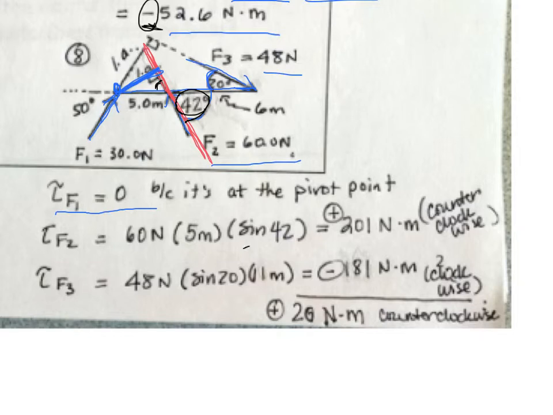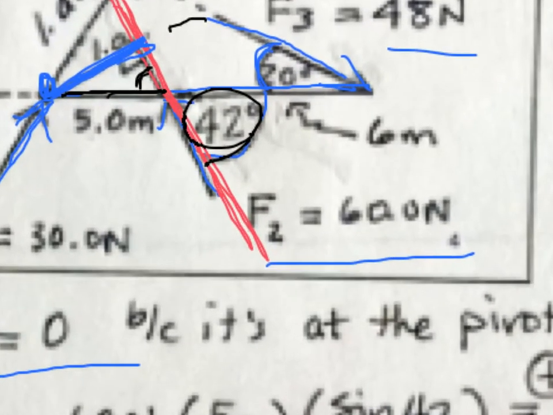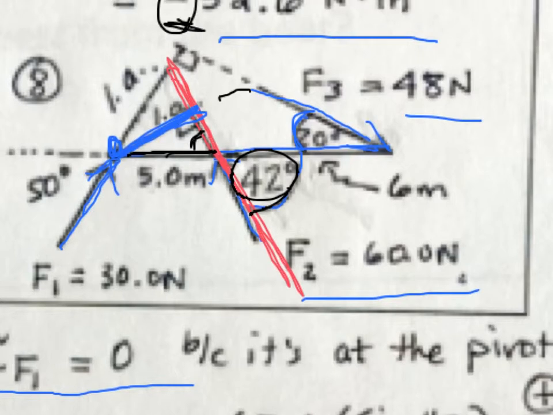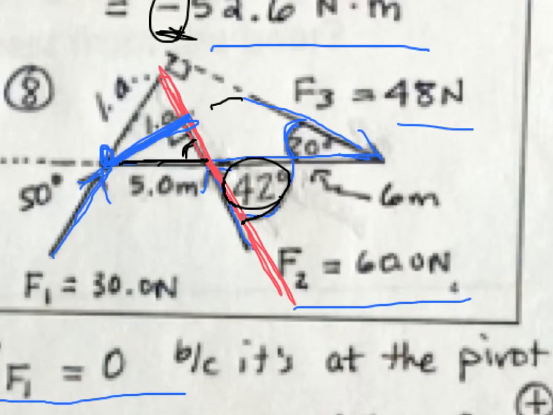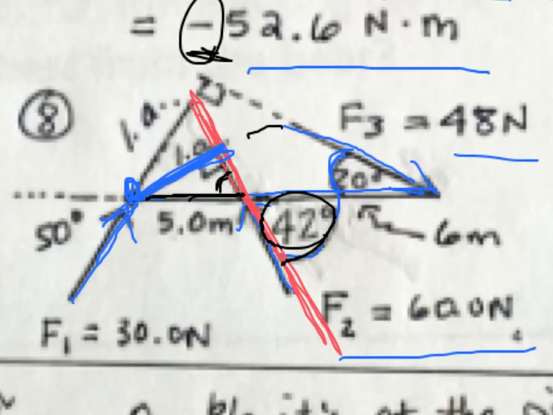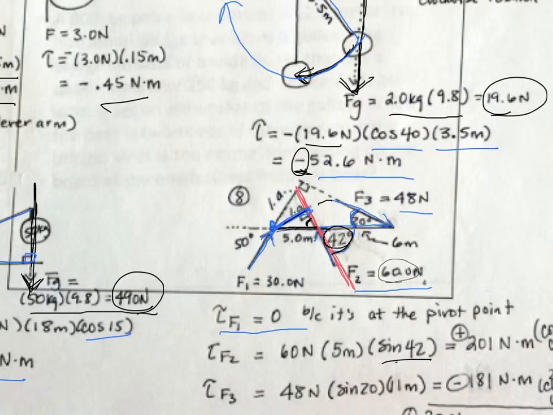And this will be the sine of 42 times 5. I can expand that a little bit more. This lever arm right here, this is 5 meters, this is 42 degrees, this is 42 degrees, and this is opposite this 42 degrees, so it's the sine of 42 times 5 times this 60 newtons of force.